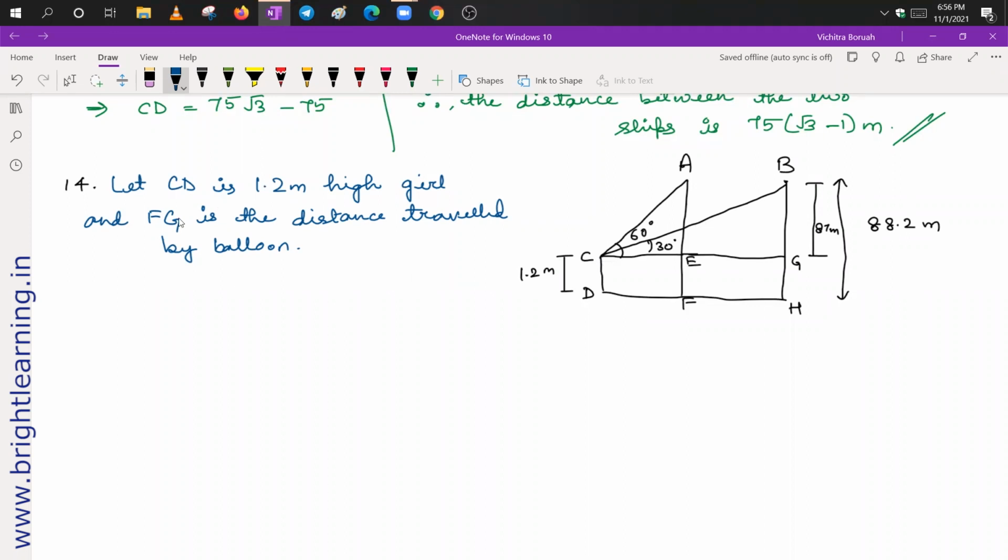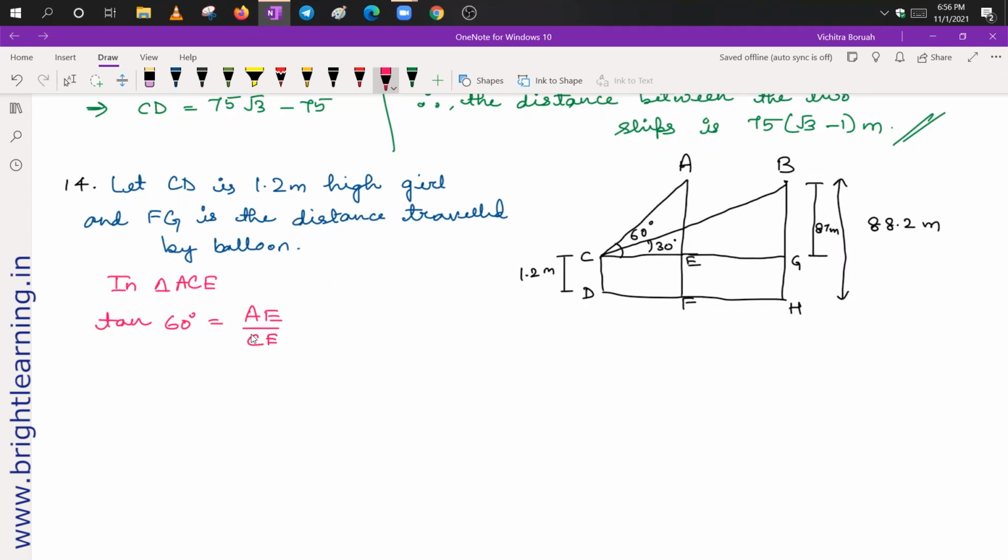Now first we will take triangle ACE, that is this triangle. In triangle ACE, you use the trigonometric ratio, that is tan 60 degree. Tan 60 degree is equal to, in this case perpendicular is AE and base is CE, so you get AE upon CE.